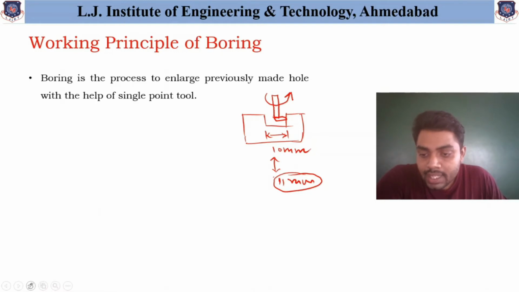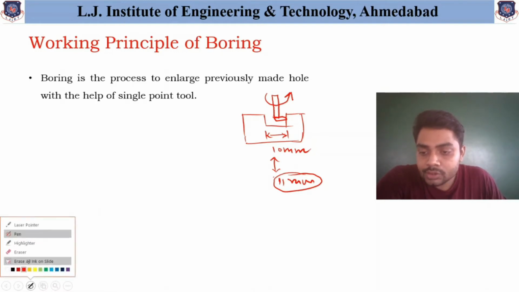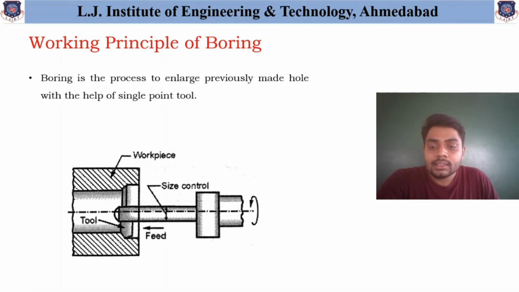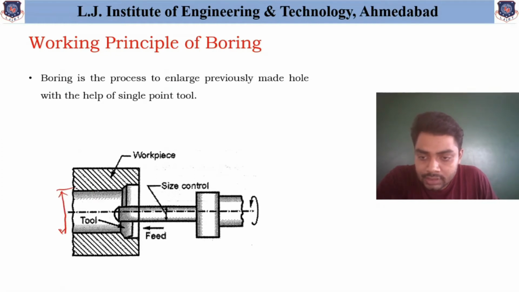Now, as we have discussed in our previous topics also, to understand any machinery, the basic working principle is most important. So for that, let us have a look. As we have discussed, suppose any workpiece has an already existing hole with a certain diameter.